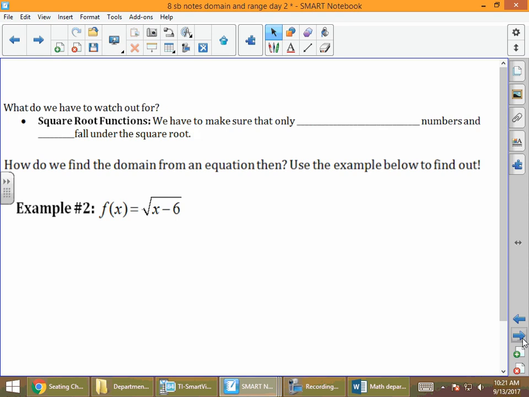We have to make sure when we're dealing with these that only positive numbers or 0 fall underneath the square root. We do not know how to take the square root of a negative number. And how we do this is, how do we find the domain from an equation then?